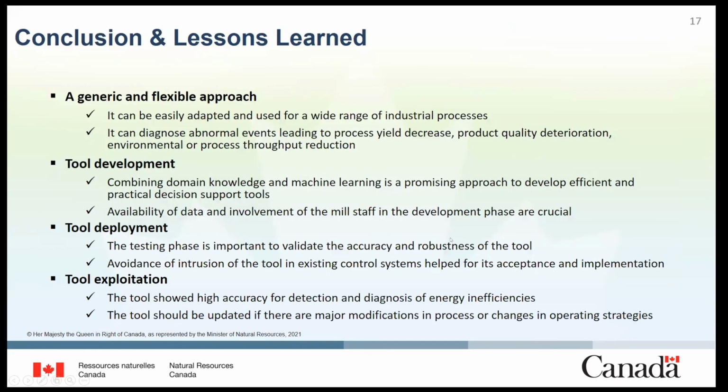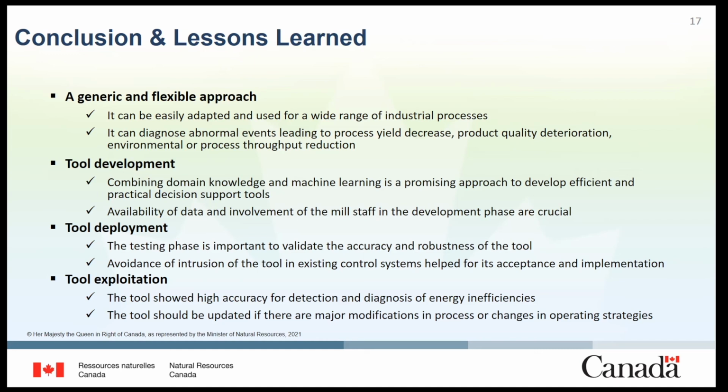For the lessons learned, I can say that even though this tool was applied for pulp and paper processes, for energy inefficiency detection and diagnosis, we think that the approach is generic and flexible, so it can be adapted and used for a wide range of industrial processes, and can also be used in different contexts.